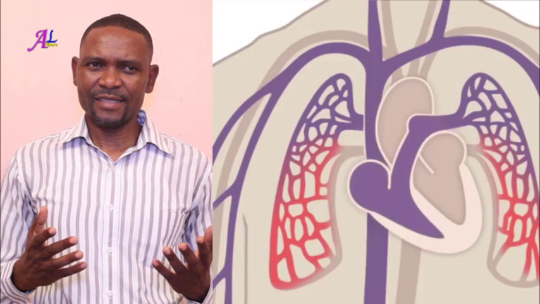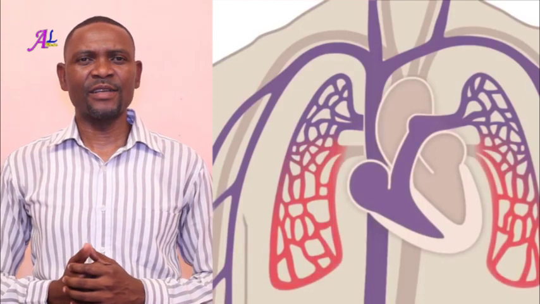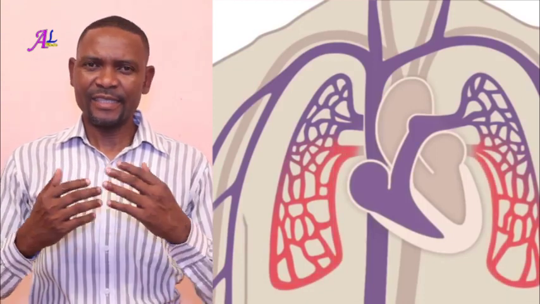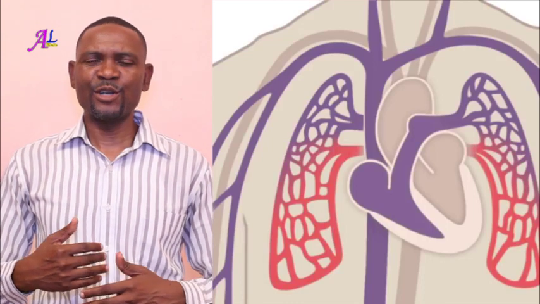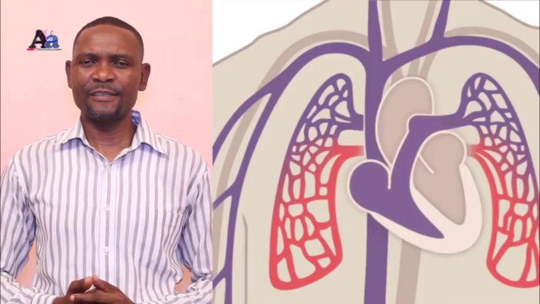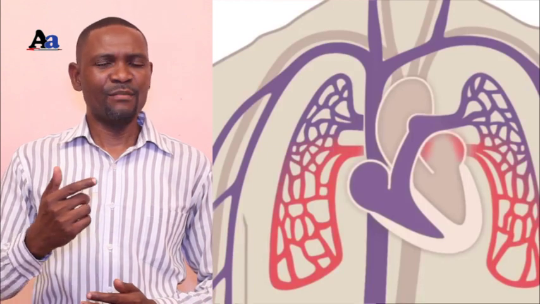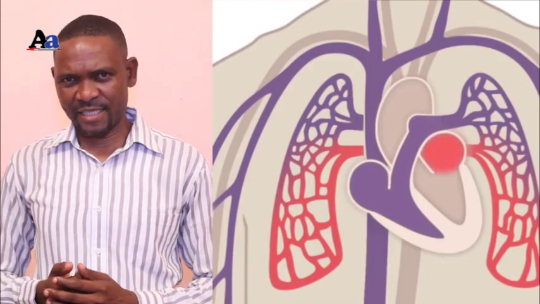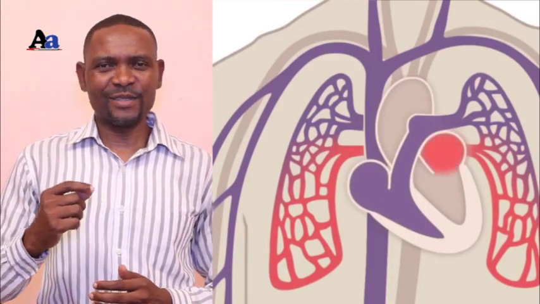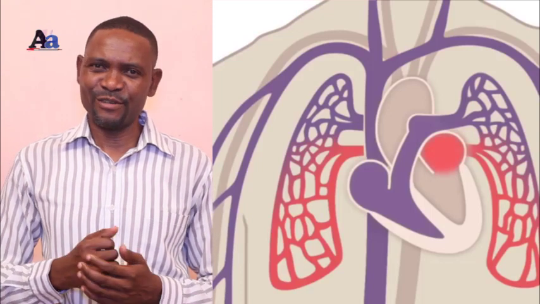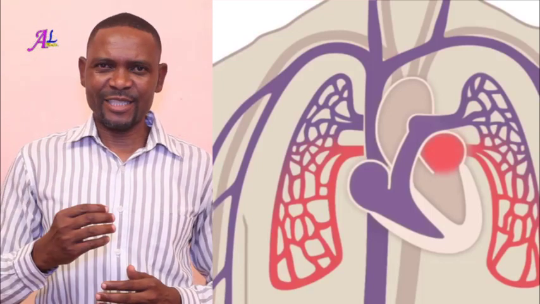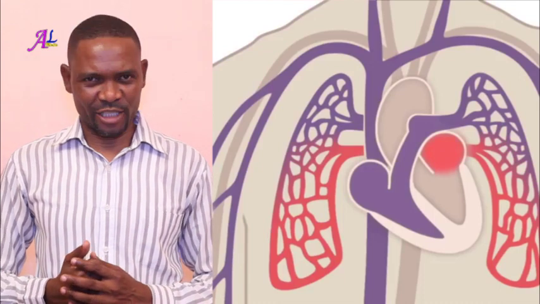At the lungs, gaseous exchange takes place. Oxygen is taken into the blood, carbon dioxide is taken out of the blood. Then blood goes back to the heart. It goes back to the heart through the pulmonary vein. At the heart, it will be received by the left auricle.